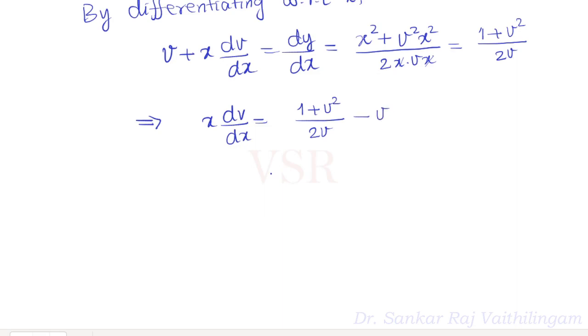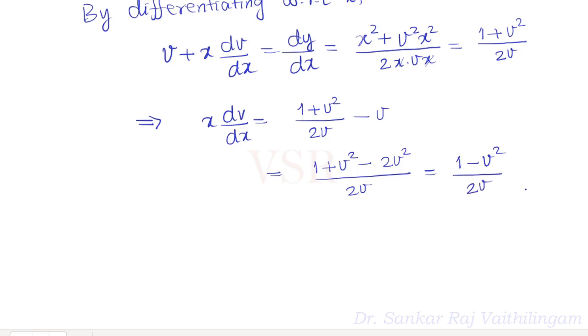This is equal to 1 plus v square minus 2v square, all divided by 2v. So we will have 1 minus v square divided by 2v.